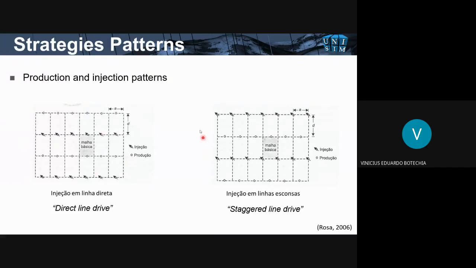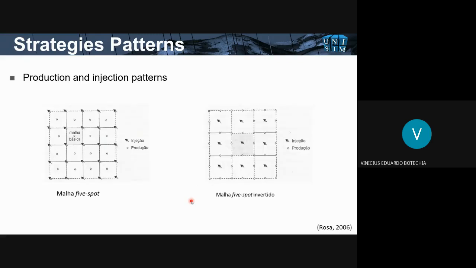Here is another picture. When you change A or D, you have what is called staggered line drive. In Portuguese it is "injeção em linhas esconsas", this is the best translation I got. When you change this A or D, you change this scheme a little bit, but it's very similar.